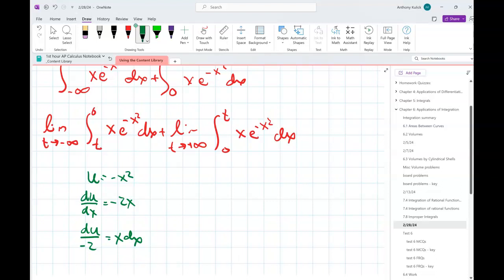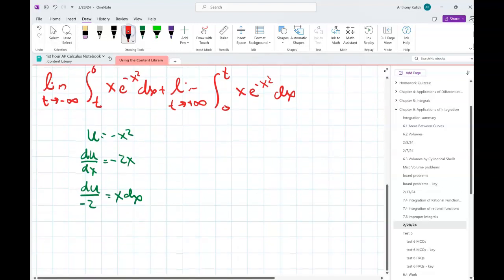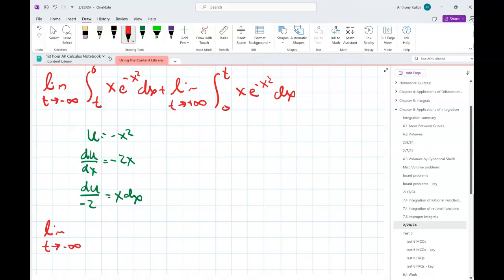And I'm going to use the same substitution for both of these, since they're the same integral other than the bounds. So we have the integral from t to 0 of e to the u over negative 2 du.